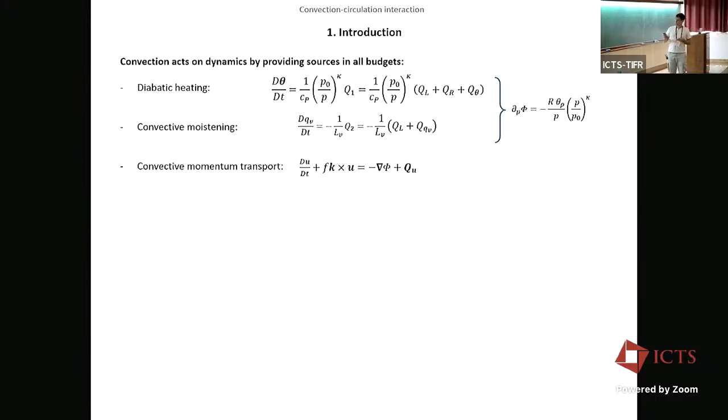And both the effect on humidity and temperature lead via the hydrostatic approximation to an effect on the dynamics via the gradient of geopotential.